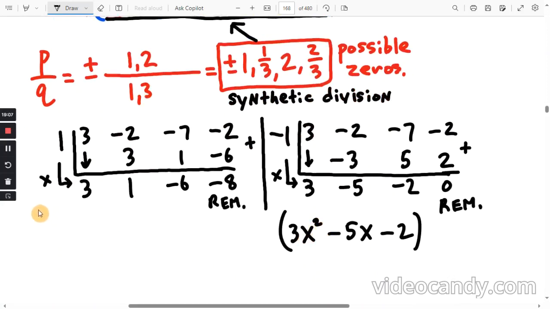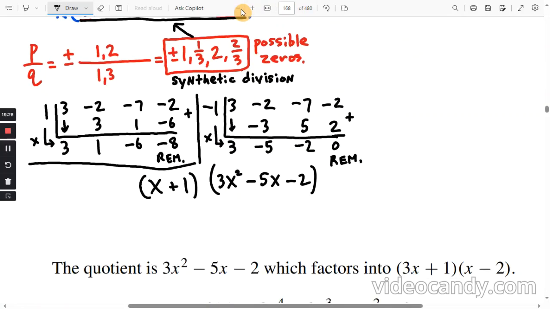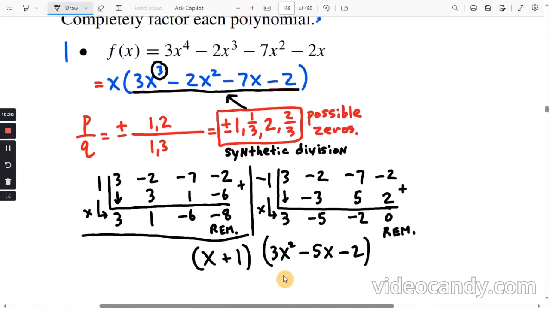And remember, for synthetic division, when you use -1, that means you basically found out the answer when dividing by x plus 1. So what happens here, basically x plus 1 times this equals this right here.